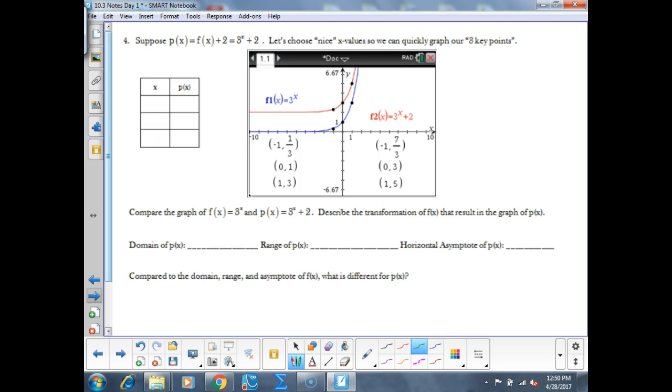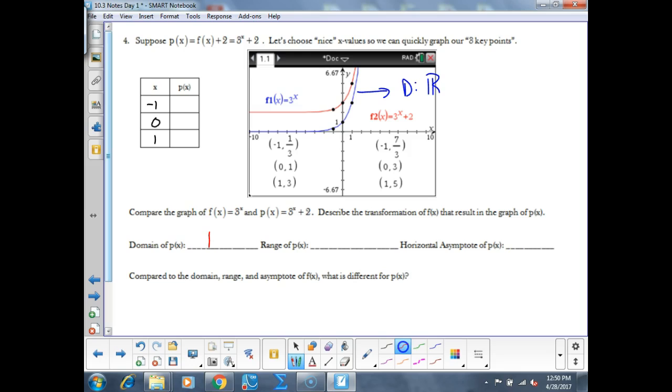Okay. So then now let's look at vertical shifts. 3 key points again would be negative 1, 0, and 1. They're all in the graph for you. The domain of the blue is all real numbers.